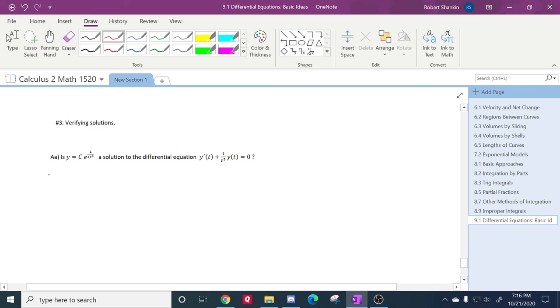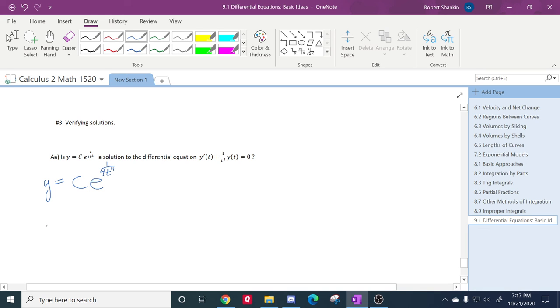It asks, is y, which is equal to e raised to the 1 over 4t to the 4th power, a solution to this differential equation? How do I tell if that's a solution? So let me write this again, because this is a little bit hard to see. 1 over 4t to the 4th. It's like this.